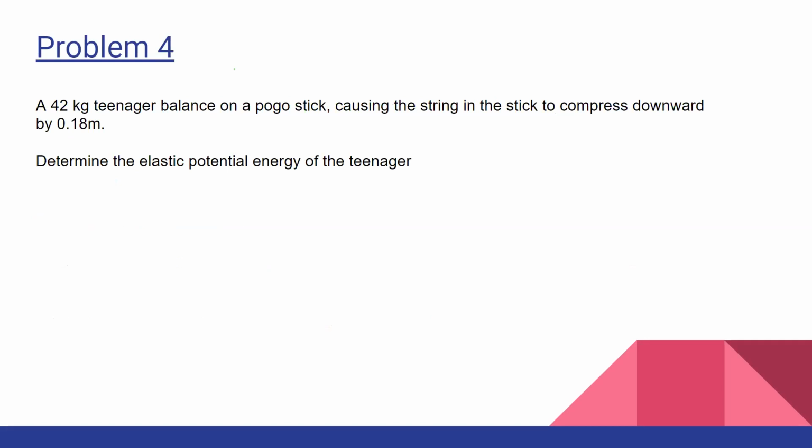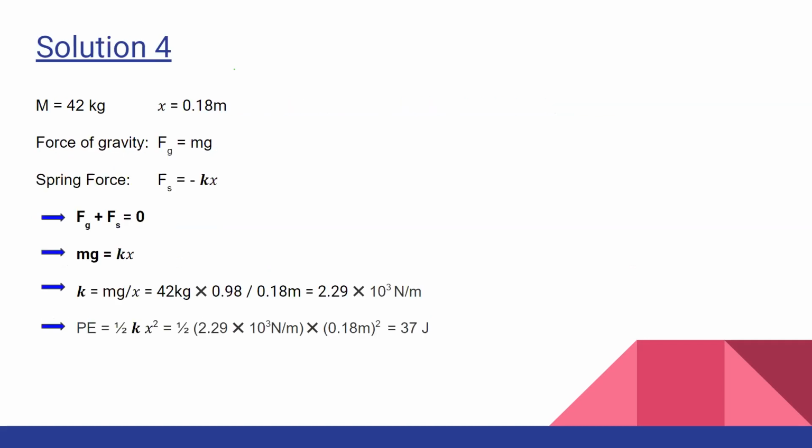Okay, a 42-kilogram teenager balances on a pogo stick, causing the spring in the stick to compress downward by 0.18 meters. Determine the elastic potential energy of the teenager. So we have our m, which is the teenager, and we have our x, which is given in the problem. So again, we can use force analysis.